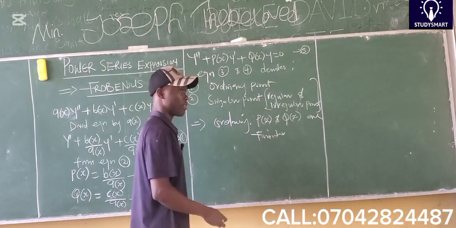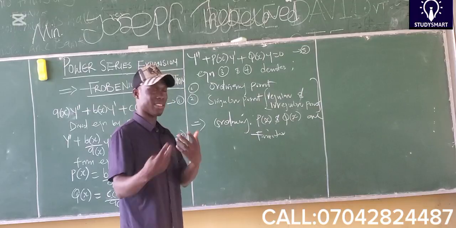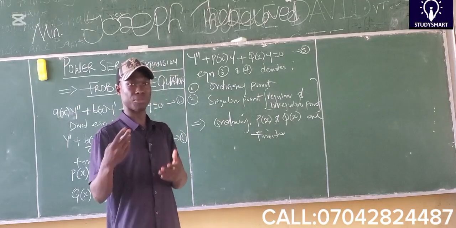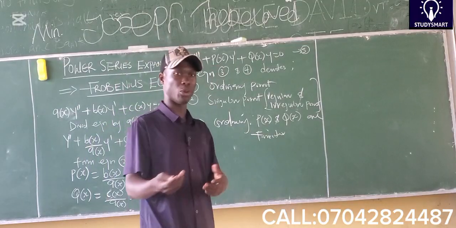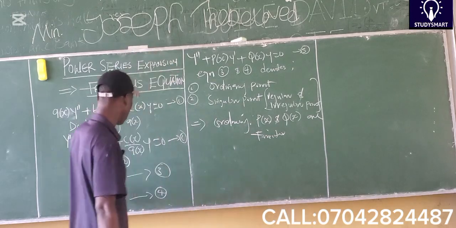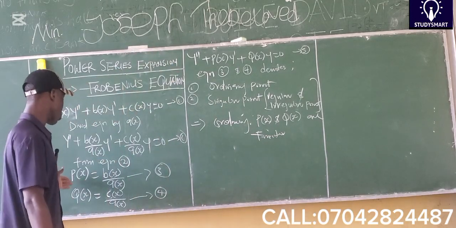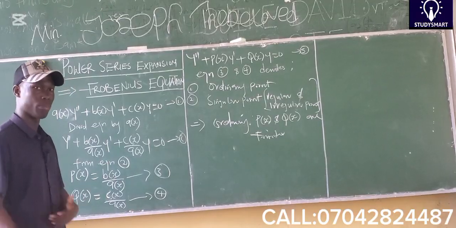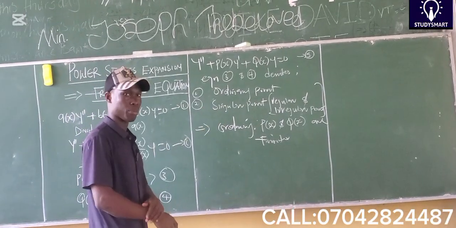What we mean by finite is where we have 0, 1, 2, 3, 4, 5, minus 1, minus 2, and all the rest. So when you find such a condition after you've tested and your P of x or your Q of x is giving you such numbers, that means it is an ordinary point.